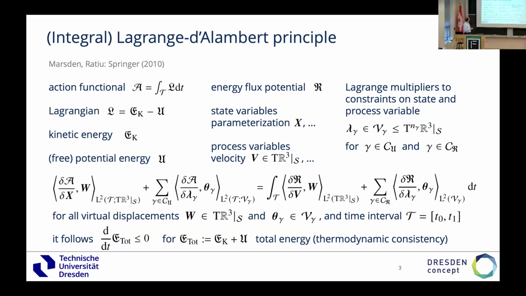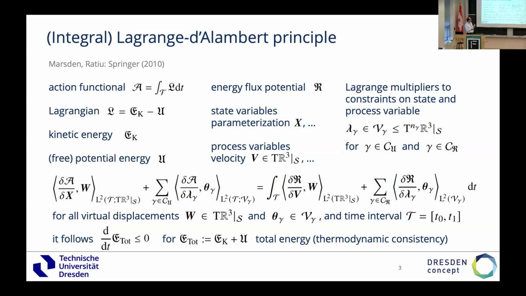What we need is an action potential, that's just the time integral of some Lagrangian. In classical mechanics, this Lagrangian is just the kinetic energy minus the potential energy. Now in our setting, we should think about some free energy here. And then on the other side, we need some way to dissipate the energy, so we need an energy flux potential.